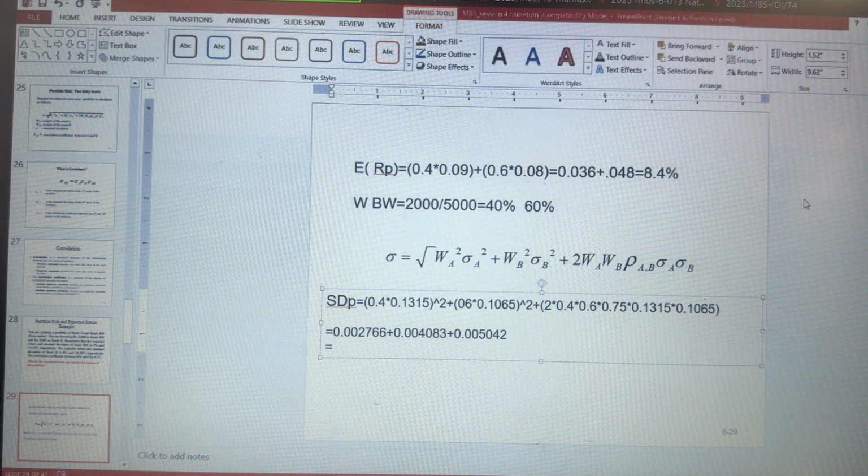So if you are taking all three, adding all three, so plus 0.004083 plus 0.002766. So it becomes equal to 0.01189, right?